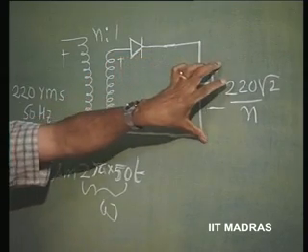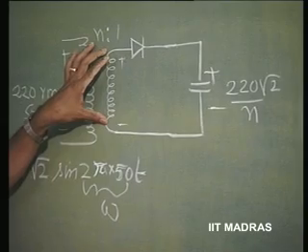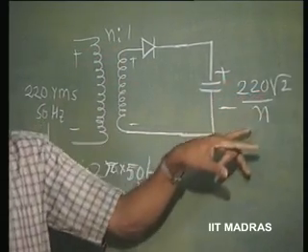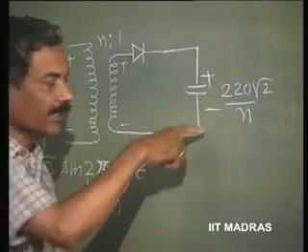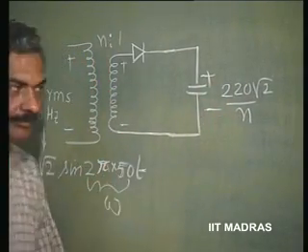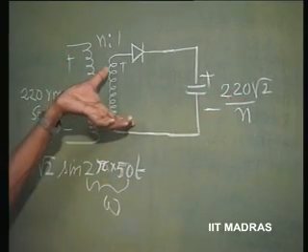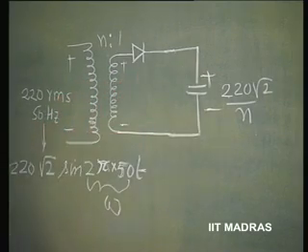This voltage appearing here will be 220 volts RMS divided by n, that is the RMS value, which is 220 root 2 divided by n, that is the peak value, and this will get charged to the peak value of this. So, 220 root 2 divided by n is the peak value of the secondary voltage, and therefore, it gets charged to this.